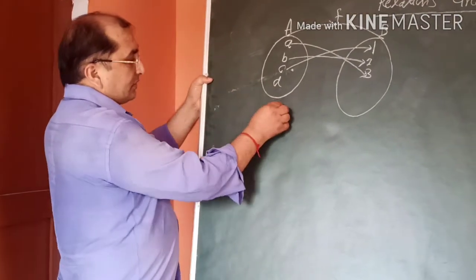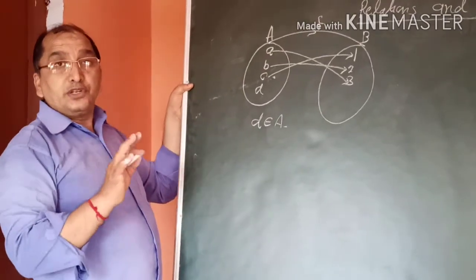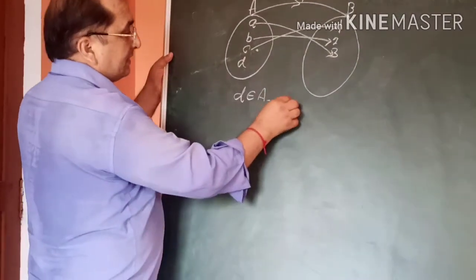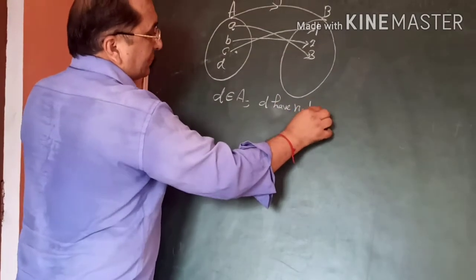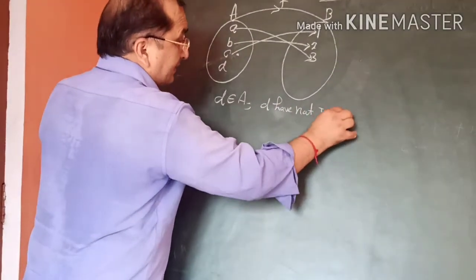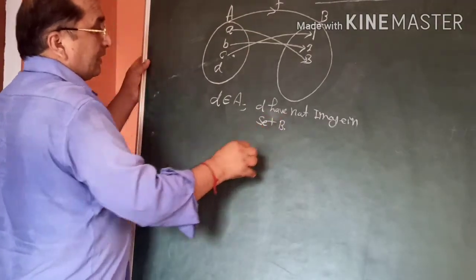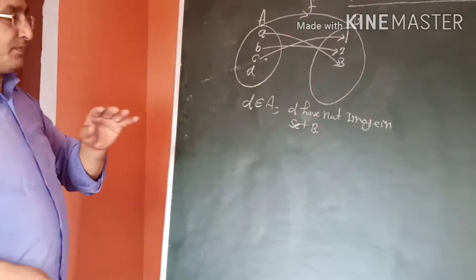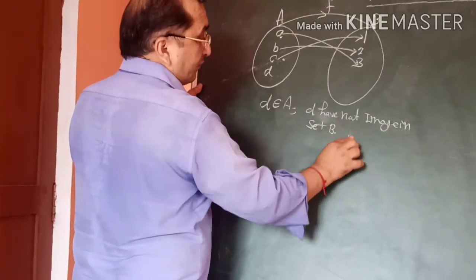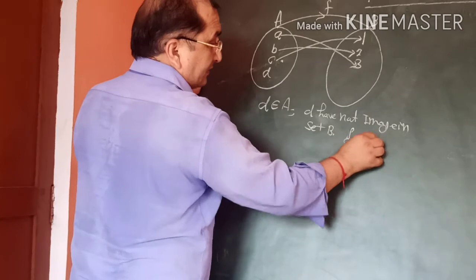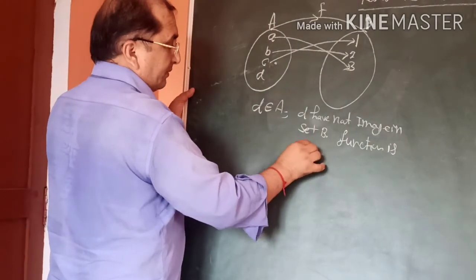Why? Because d belongs to set A, but d does not have an image in set B. So such a relation is not a function.